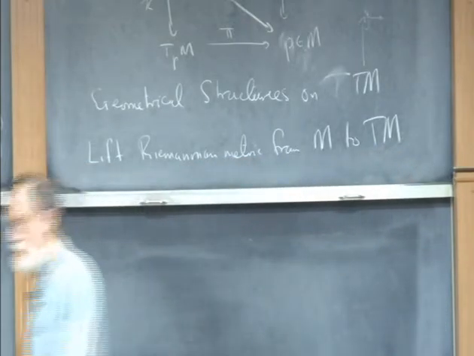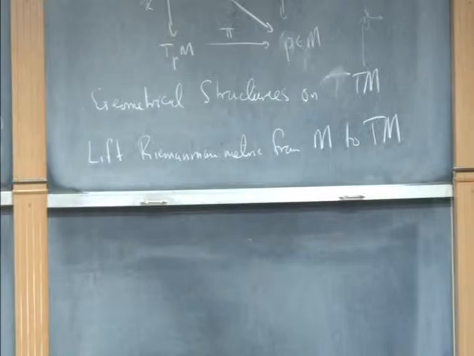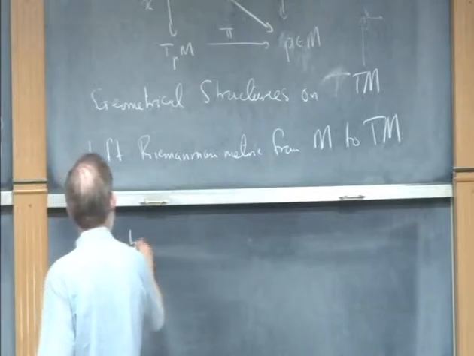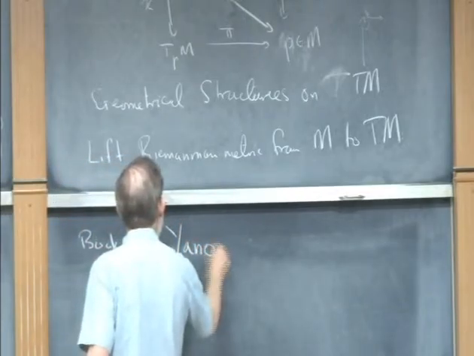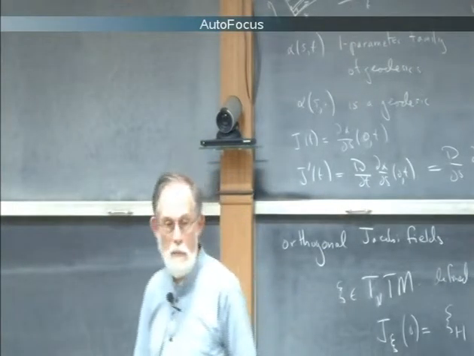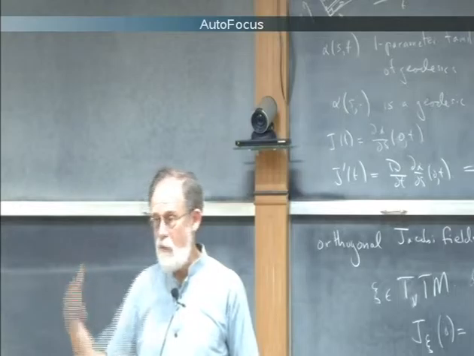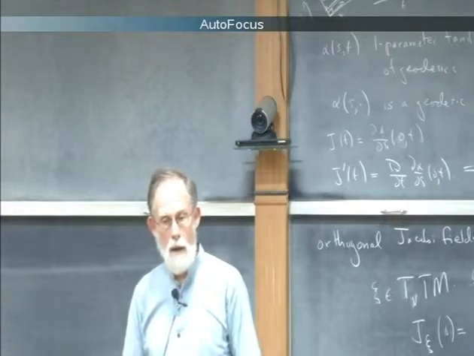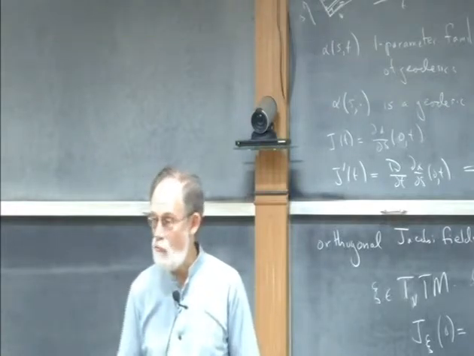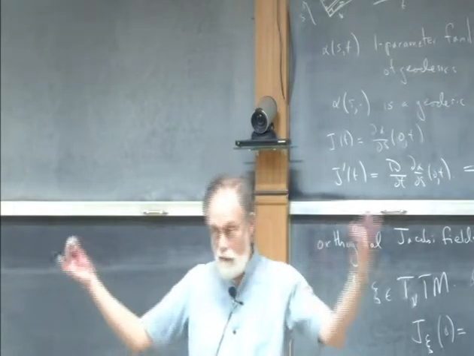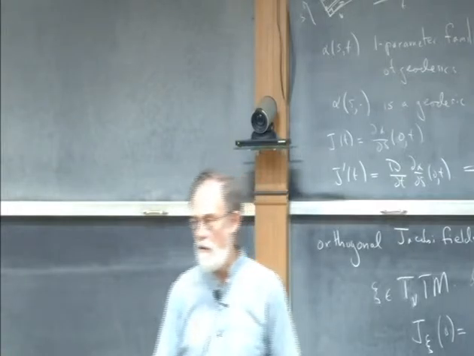There are actually many ways to do this. There is a book, I can't remember the title, but I'm pretty sure the author's last name is Yano, a Japanese mathematician. This book discusses quite a few of these different ways of lifting the Riemannian metric, and has hundreds of formulas calculating Christoffel symbols, curvature, all kinds of things for all of these different metrics.